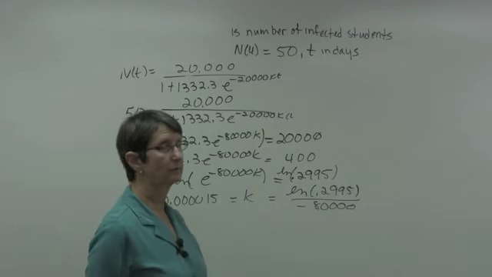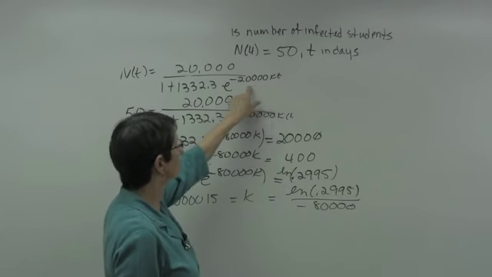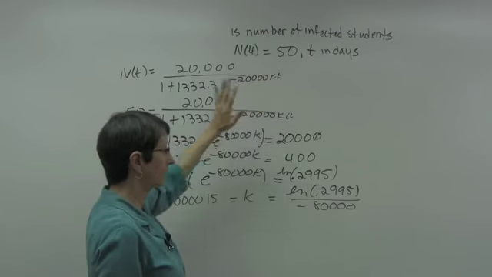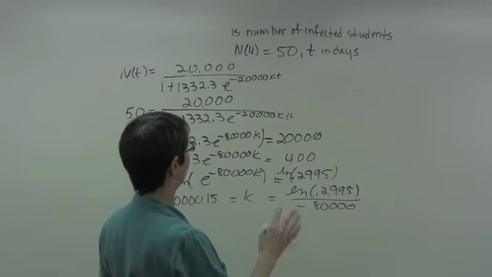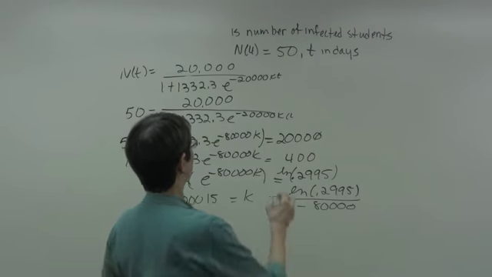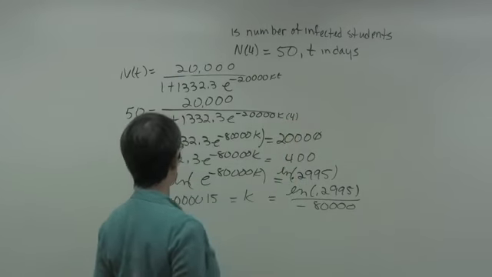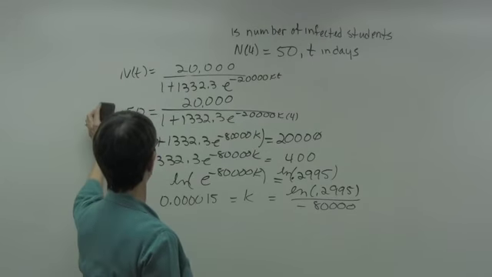Big formula. You have to put that back in up here. We'll plug in our 20,000. Let's see what we've got up here.